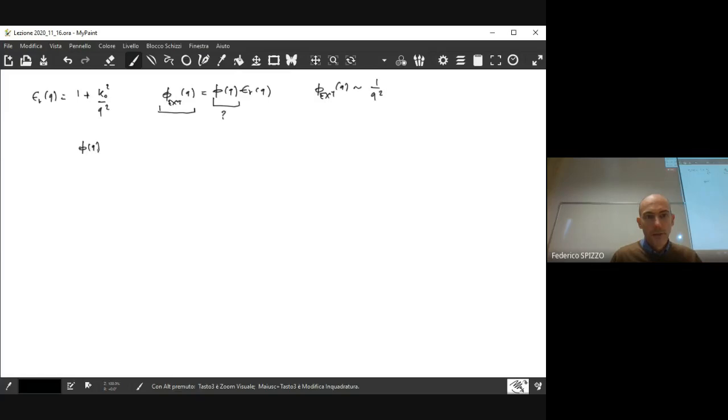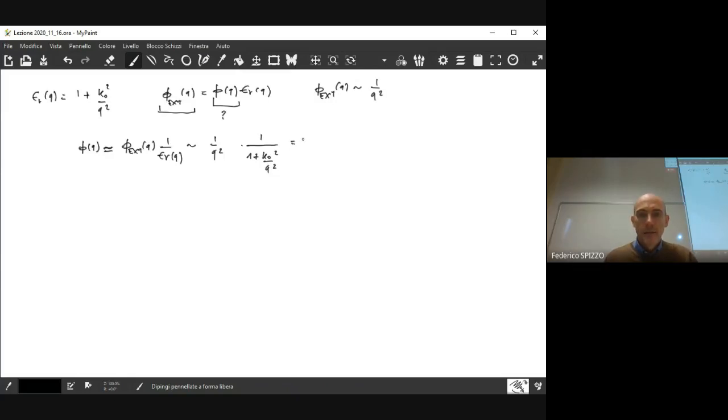So phi of q is equal to the external potential divided by the relative permittivity, and this is 1 divided by q squared times 1 divided by 1 plus k0 squared divided by q squared.